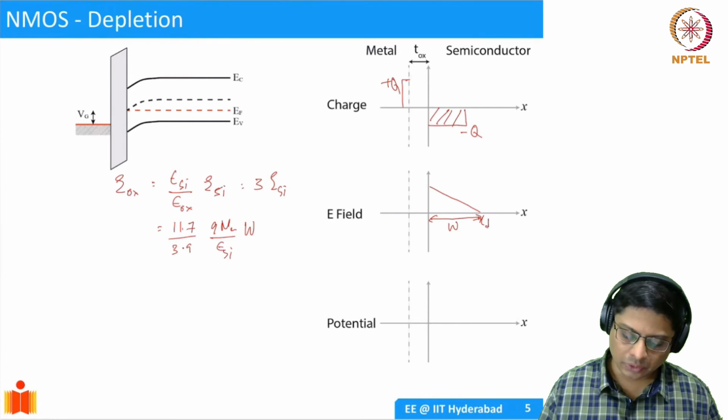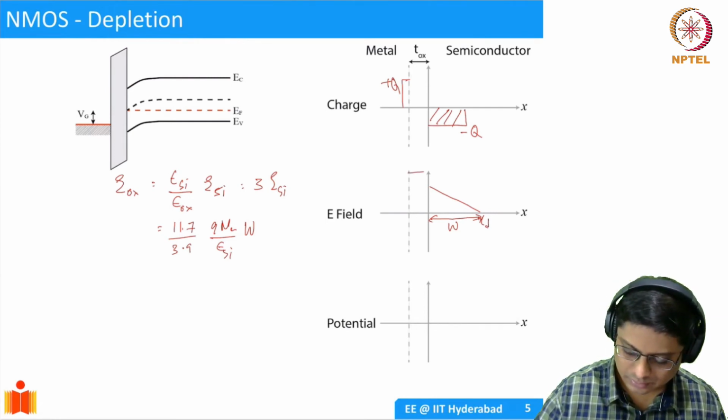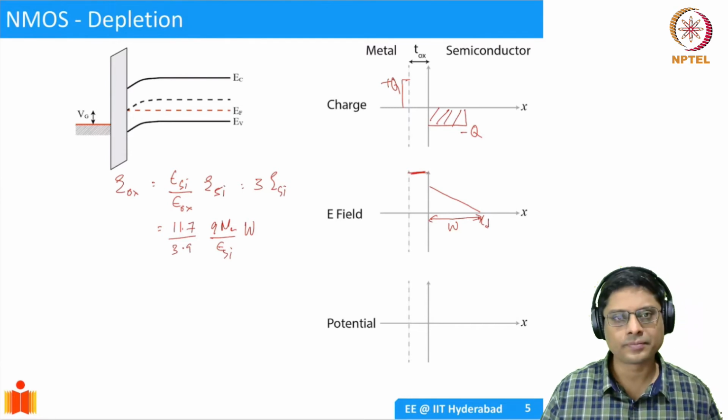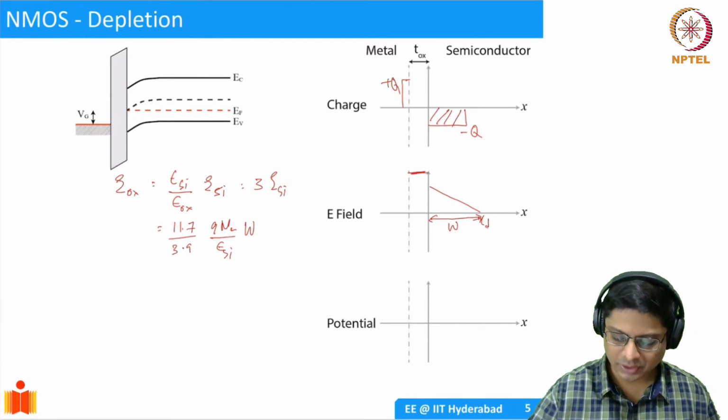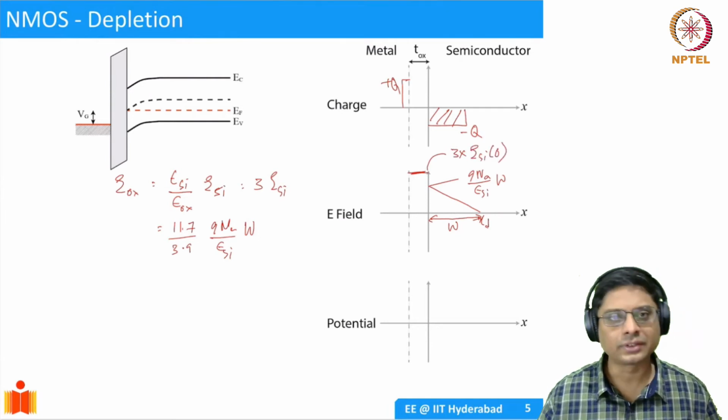So my electric field is going to show a jump here. This is simply going to be Q N_A divided by epsilon times width, and this is going to be 3 times the peak electric field in silicon.